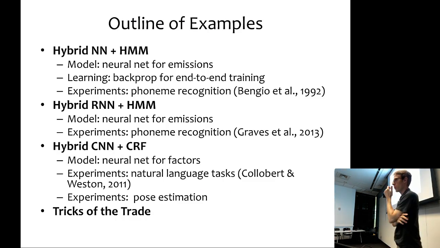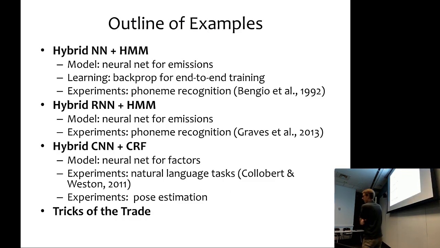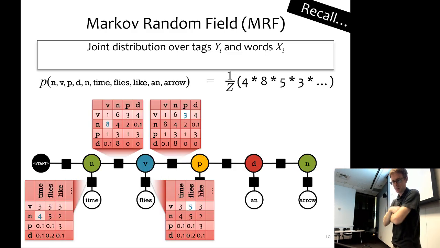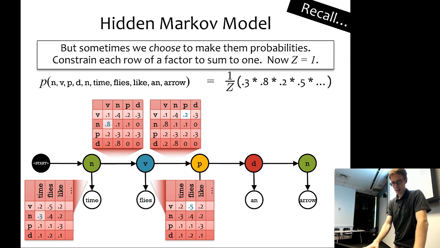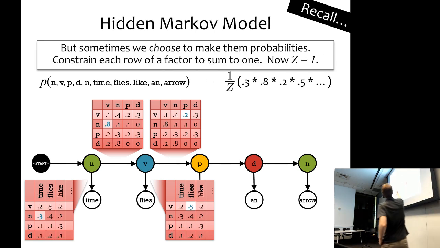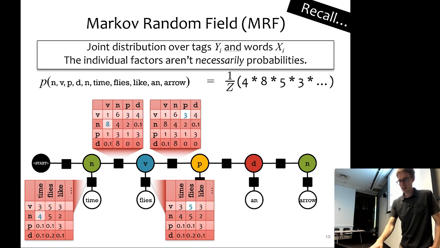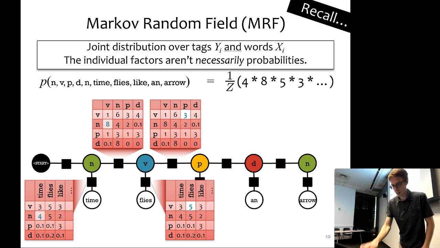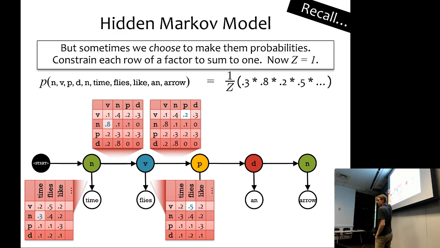Okay, so now let's actually see how you might piece this all together in some examples. So let's start with a classic one, which is this combination of a neural network and a hidden Markov model. We had talked about Markov random fields, and then we had also mentioned that there's this thing called a hidden Markov model, which is just like this Markov random field over a linear chain of variables, except that it has this restriction because it's a Bayes-net that the conditional probability tables sum to 1 across the rows.